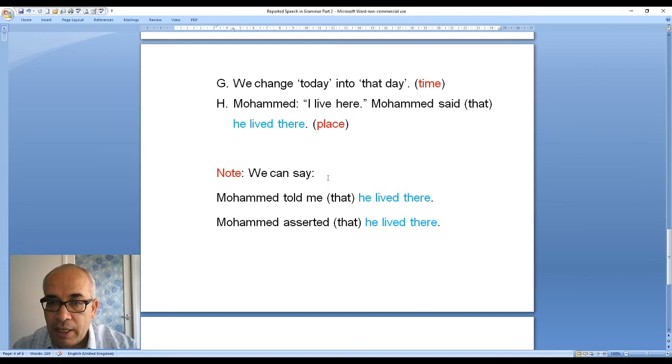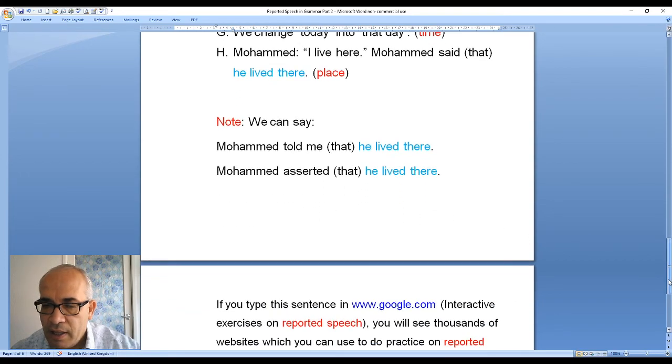The important thing in reported speech is, number 1, think about meaning. When you are reporting anything, think about meaning. And number 2, think about the 8 grammatical changes we have to make in reported speech. You can say Muhammad asserted that he lived there. Asserted means say something with emphasis, with force. Muhammad asserted that he lived there.